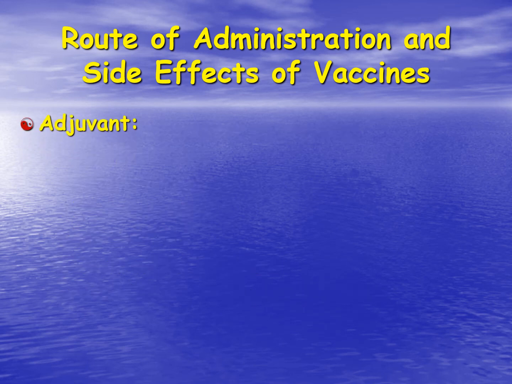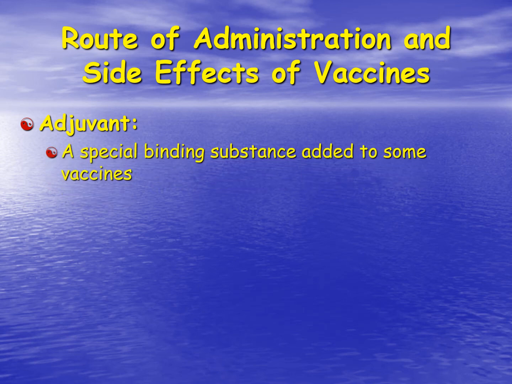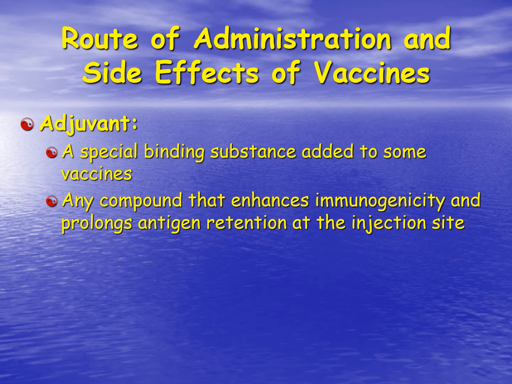Now, oftentimes we are going to add things to the vaccines known as adjuvants. These are special binding substances that are added to some vaccines that will couple to the antigenic substance and enhance the immunogenicity. That's why, when I asked an epidemiologist and another microbiologist why our inactivated flu vaccines are effective at all, they're saying that, well, they're hoping that the adjuvant bound to the flu antigen will cause some sort of immune response.